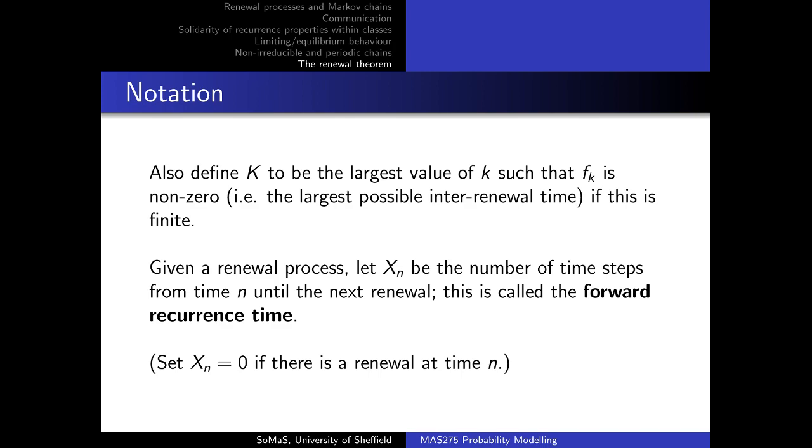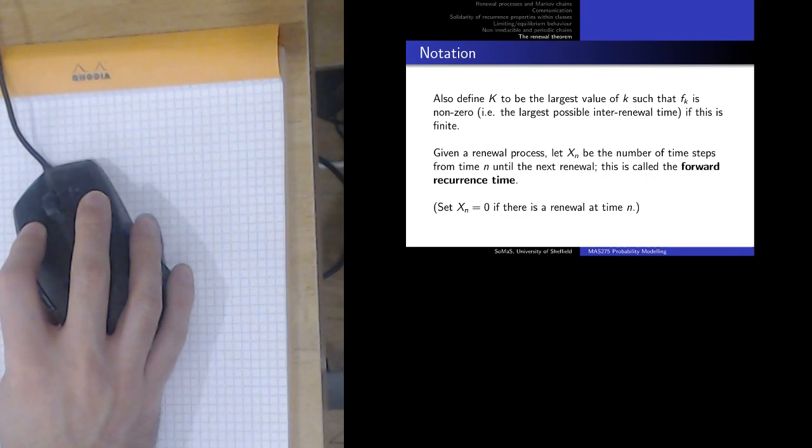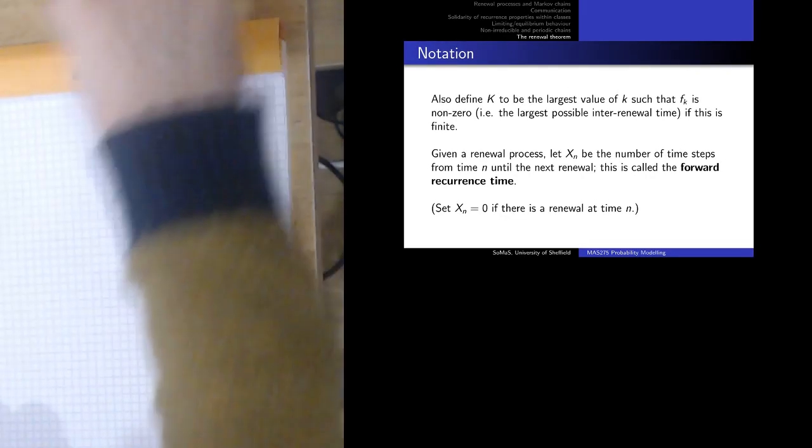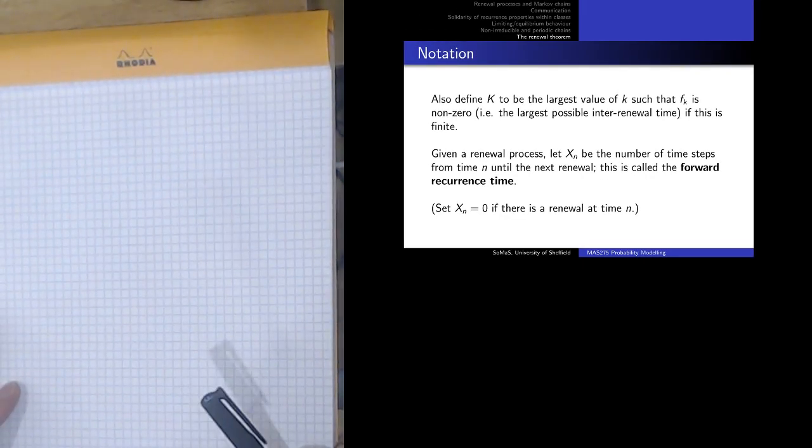So we're going to let xn be a random variable defined for time n, which is the number of steps we need until the next renewal. I call this the forward recurrence time. And number of steps, so in particular xn is 0 if there's a renewal at time n. I'll do a drawing to make this understandable.